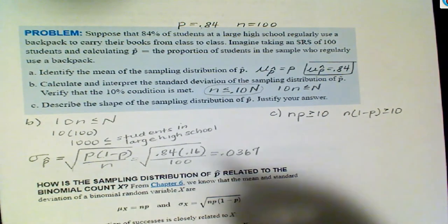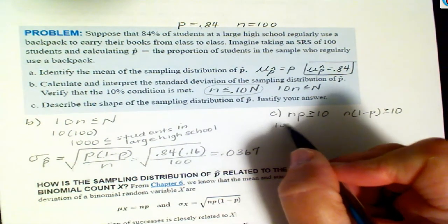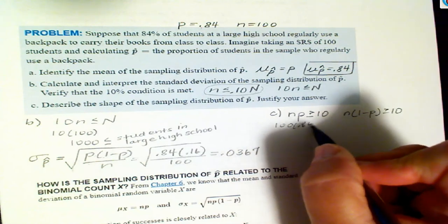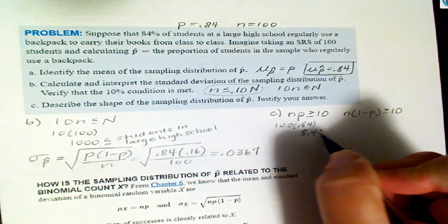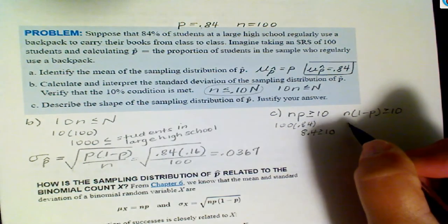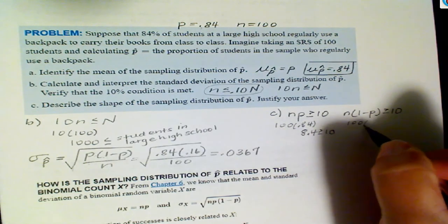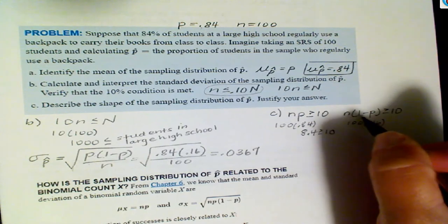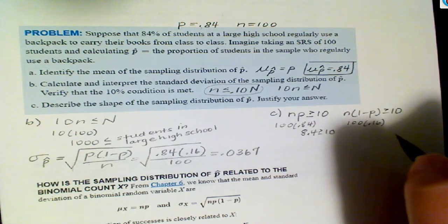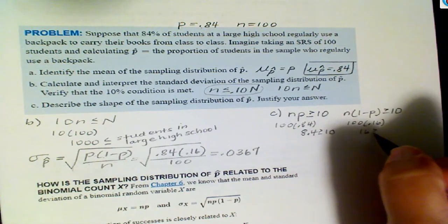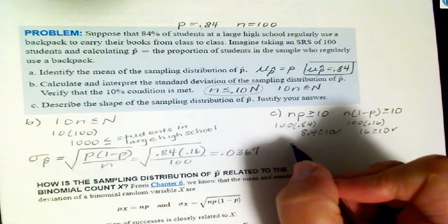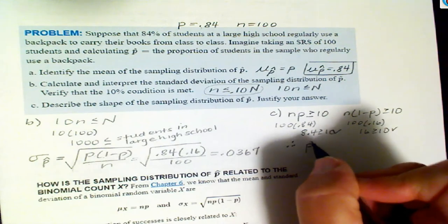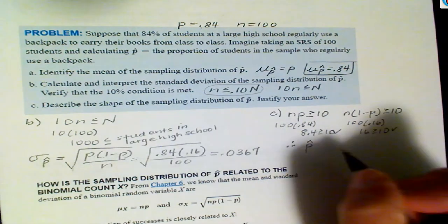So we have 100 times 0.84, which is 8.4, is greater than or equal to 10. Then 100 times 0.16, because 1 minus 0.84 is 0.16, which is 16, is greater than or equal to 10. Since both of those are true, we can say that p hat is approximately normal.